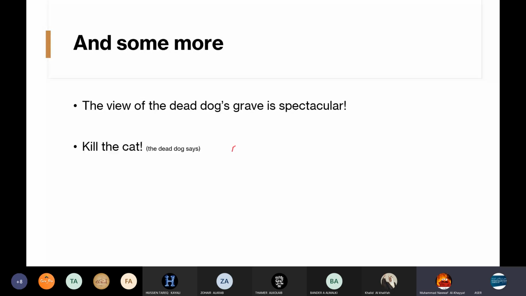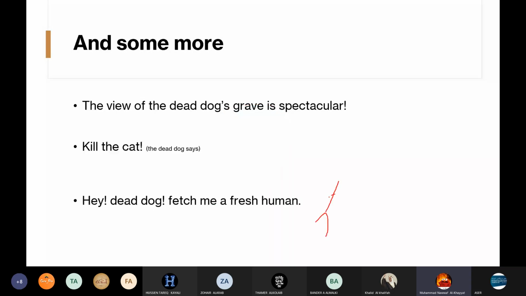Okay, so we got dead cat. I don't know what this is. It's just a footprint. It's a dead cat. Nice. Whatever. Hey, dead dog, fetch me fresh human. So we've got a human, recently dead, and he's got the dead eyes. And there's a dog trying to get him.